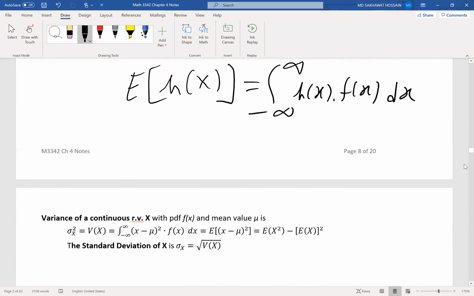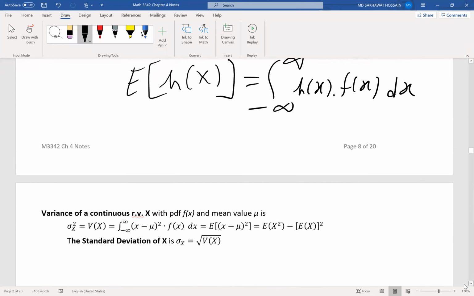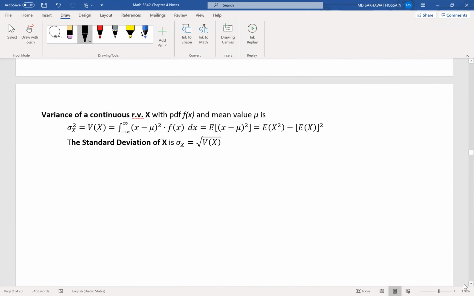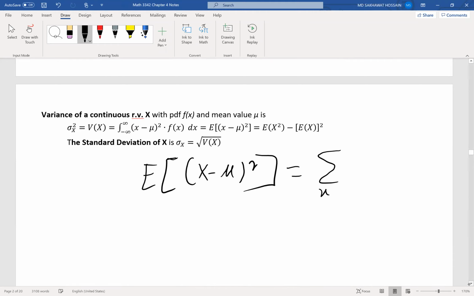From the previous class, for a discrete random variable, we know that the variance is the expected value of (X minus mu) squared. In the discrete case, it was the summation over x of (x minus mu) squared times f(x).